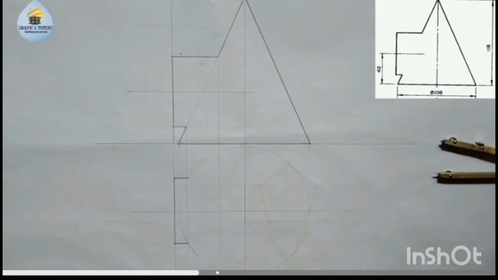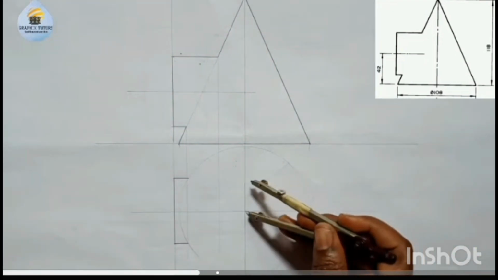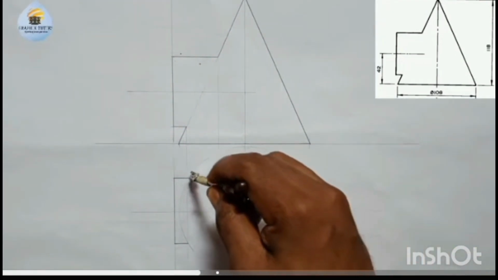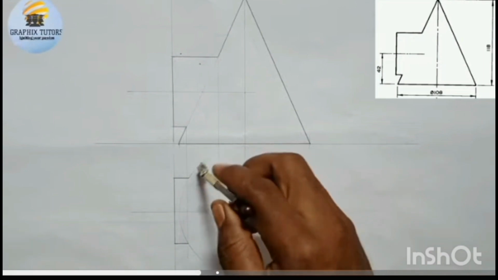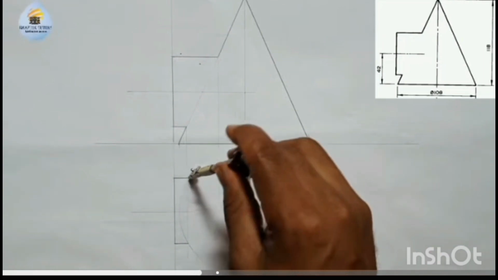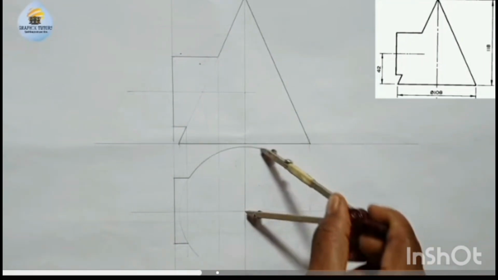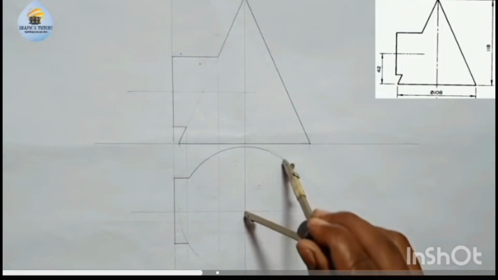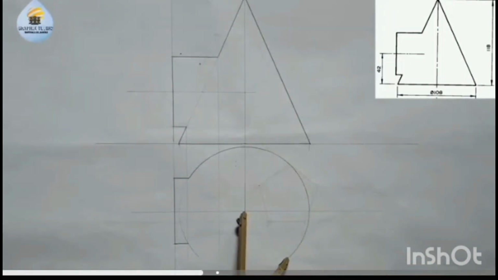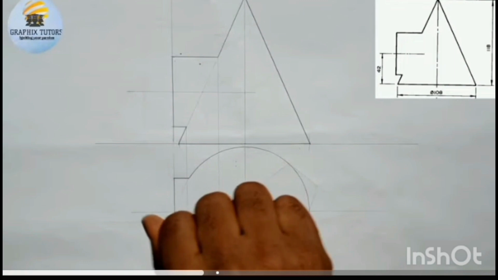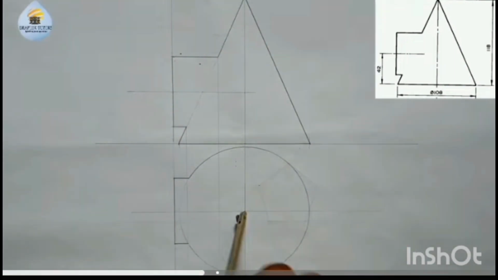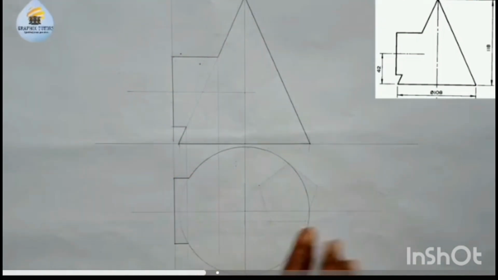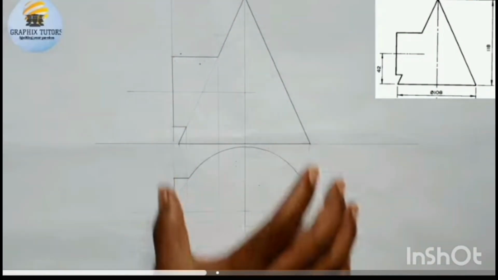So I can easily thicken from here, right? Thicken from here to here. That's what I did here. So we have gotten what we need here. This is how the plan will be.